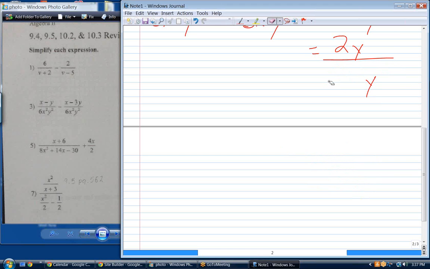Now let's go back and do number 1. Now that we know how to add and subtract fractions, we know that they have to have the same denominator. So, whoops, my mind saw V and my brain wrote 4.